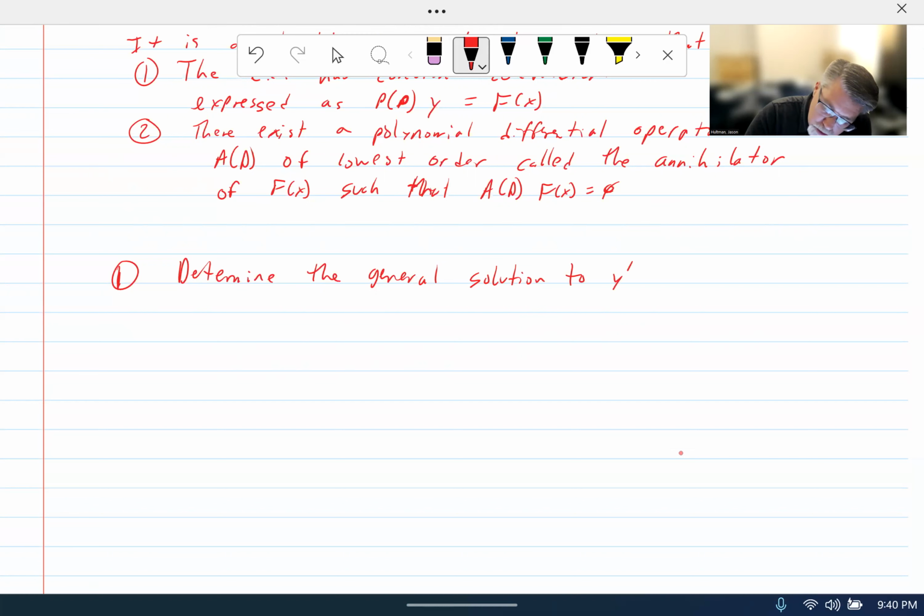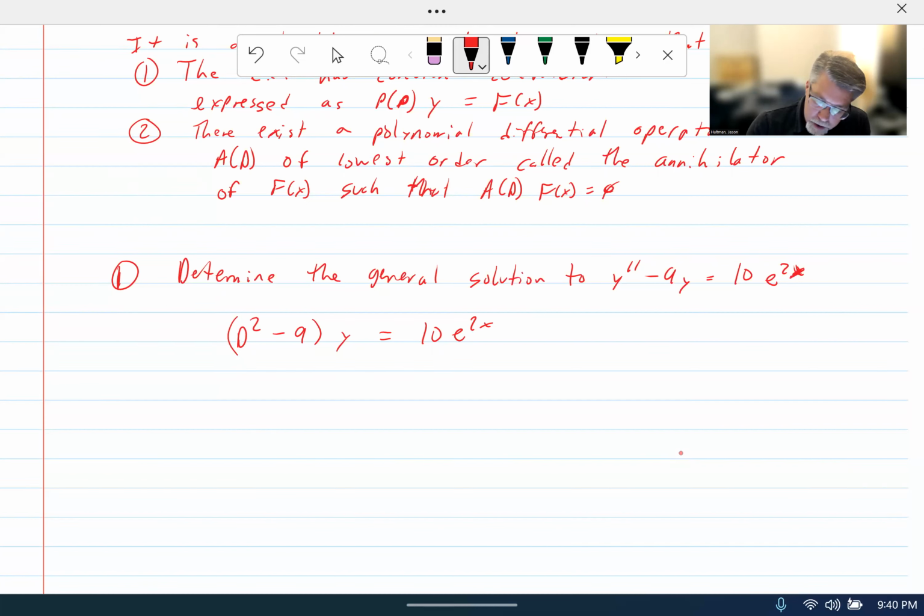Two, y double prime minus 9y is equal to 10 e to the 2x. This is going to be (D squared minus 9) of y is equal to 10 e to the 2x.